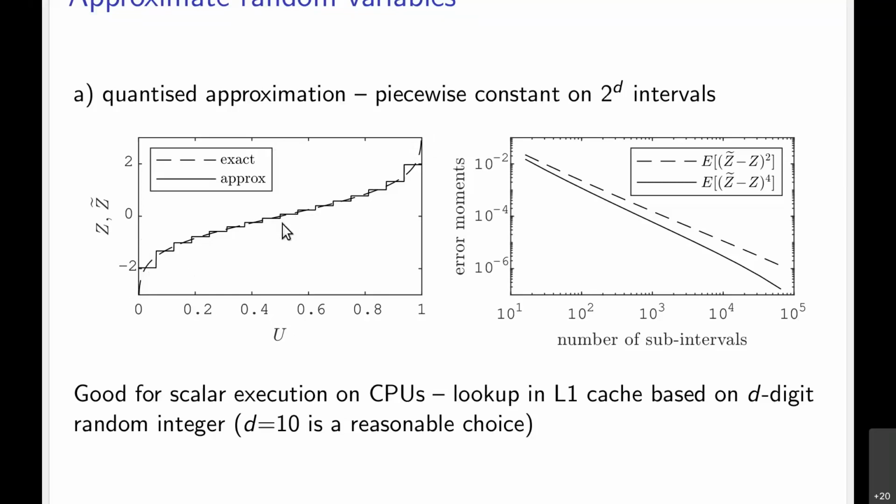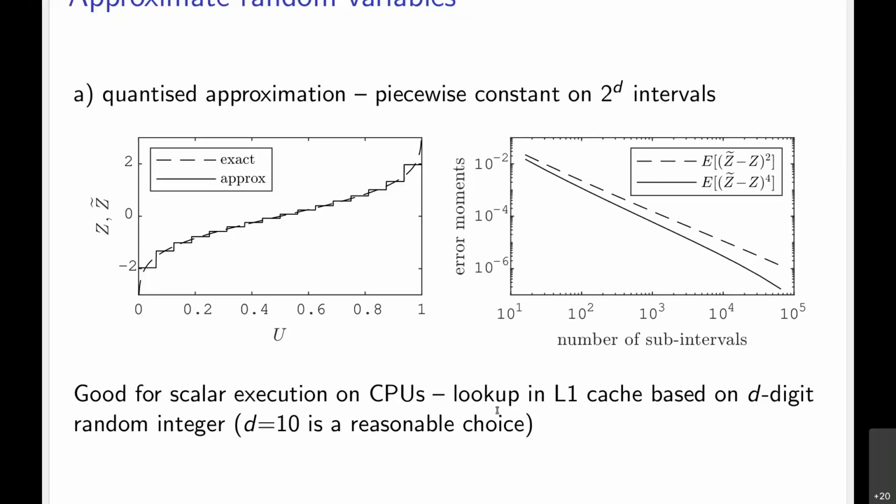And the quantized approximation is simply piecewise constant on uniform intervals, 2 to the d of them. Okay, so here, I guess this is with 16 intervals, I think. And then on the right-hand side, we've got the expected moments, both the second moment and the fourth moment of the difference between the quantized approximation and the true normal random variable.